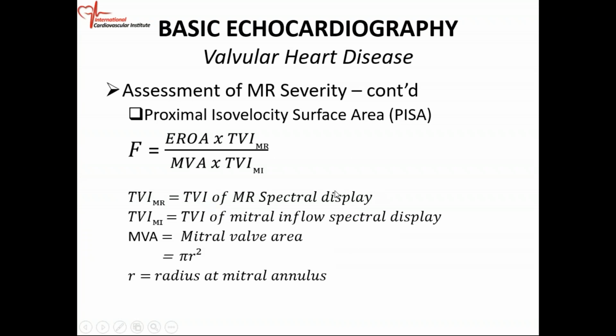Okay, you get the TVI. And for the mitral valve area, we have to assume that it's circular. And the area of a circle is pi r squared, and r is the radius of the mitral annulus.